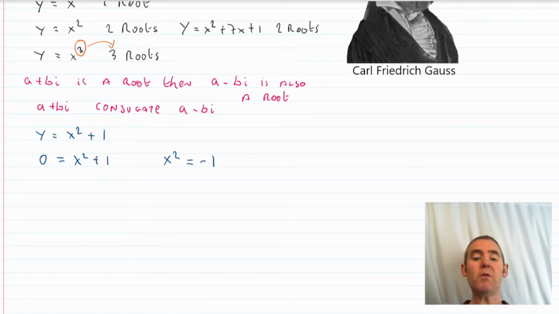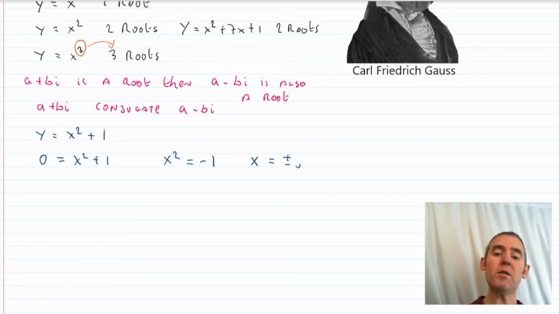And that means that when you solve it, x is equal to plus or minus the square root of minus 1. The square root of minus 1 is i, so therefore x is equal to i or minus i. Now what I want you to notice here is that minus i is the conjugate of i.